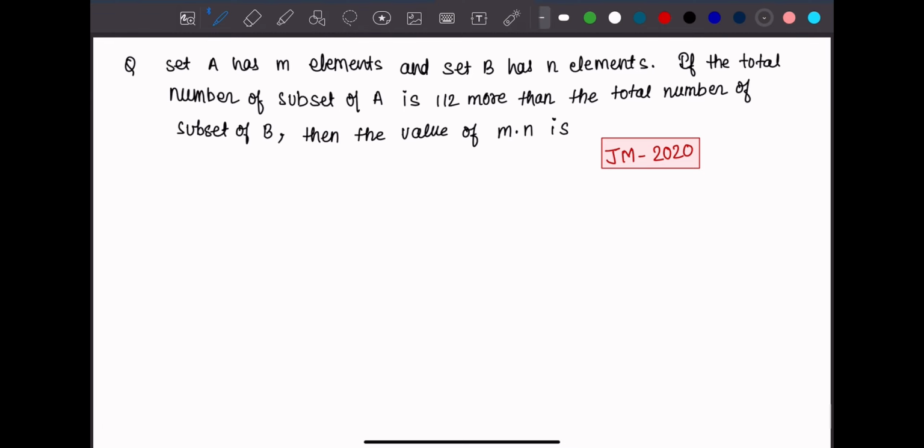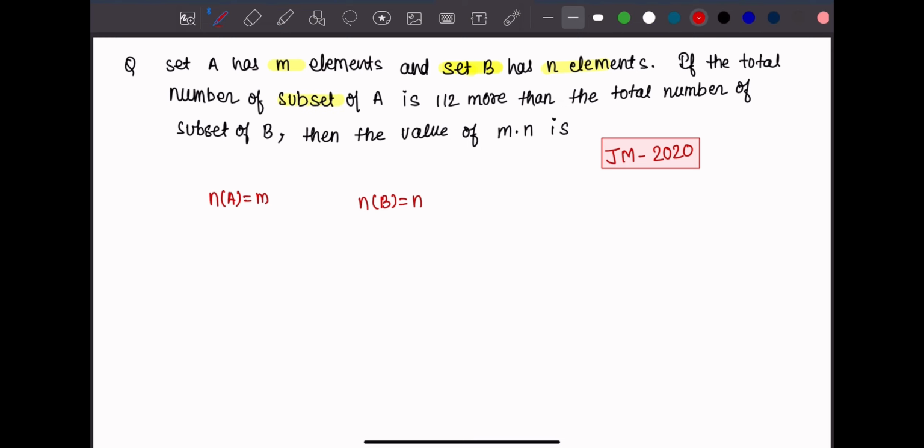Moving towards JEE Mains 2020 questions. The question says set A has m elements. Whatever information we are getting, please write that down. The number of elements in set A is m, and the number of elements in set B is n.